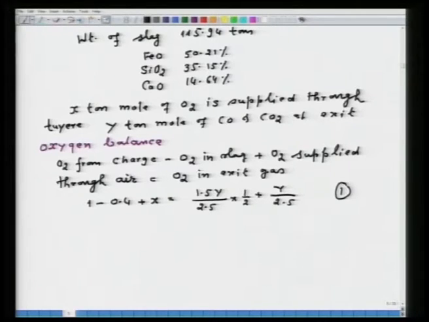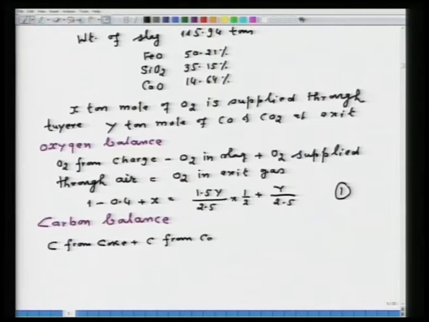Next, I have to do the carbon balance. Now, carbon balance: carbon from coke. Do not forget to take carbon from CaCO3, do not forget. So, carbon from coke plus carbon from CaCO3 will be equal to carbon in the exit gases, because carbon is not being accumulated; at steady state material balance, input should be equal to output.